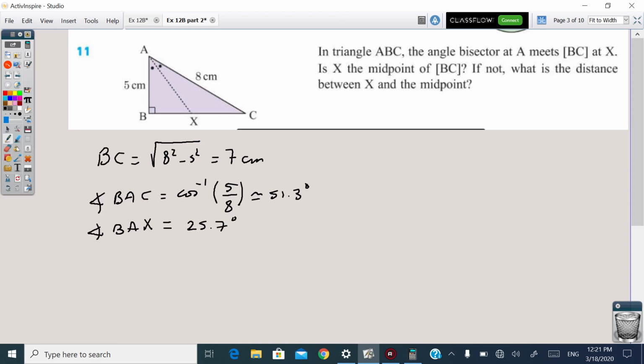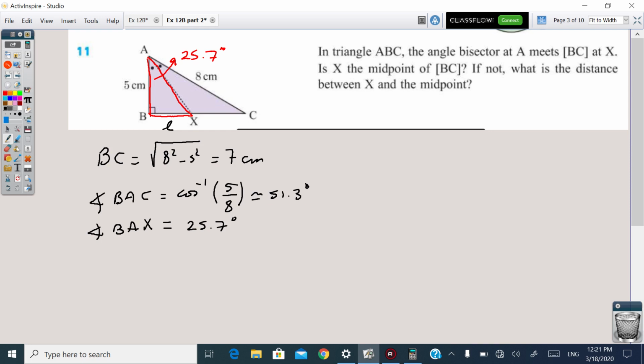So the task is now to calculate the distance BX. So I want to consider this triangle, and I have just calculated that this angle is 25.7 degrees. Let me call this length L. As far as the 25.7 degrees is concerned, L is the opposite and 5 is the adjacent.